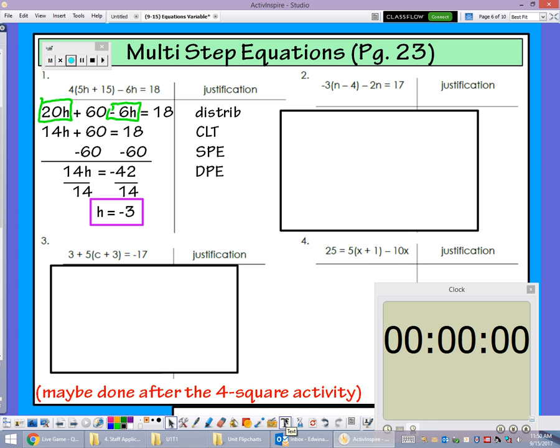Okay? Who did 2? Charlotte, take me through the steps for number 2. What did we do first? Listen close, because I'm going to change your homework before you leave. Distributive property. So we took negative 3 and we distributed. What did you get?